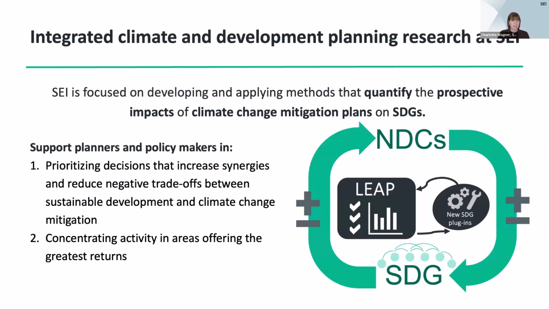And a key outcome that we were hoping for in developing these tools was to support planners and policymakers to increase synergies and reduce negative trade-offs between climate change mitigation and other sustainable development goals. And also that we would concentrate the development of such tools in areas that would often be worked.